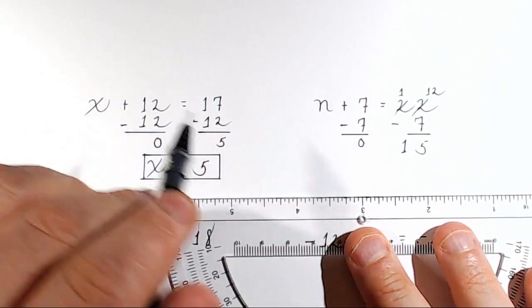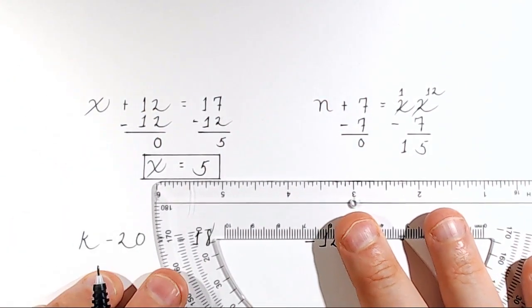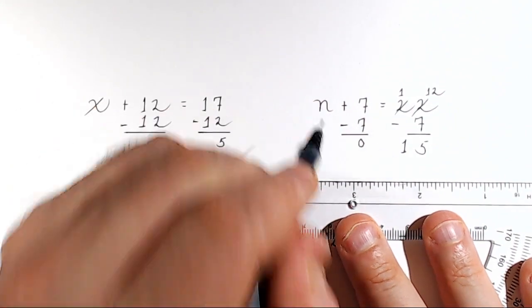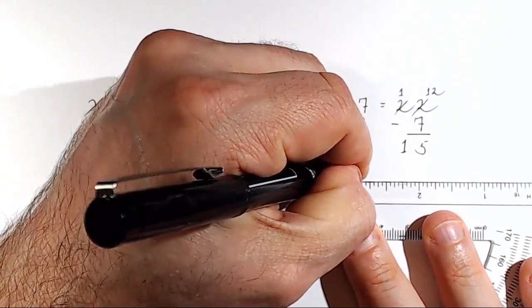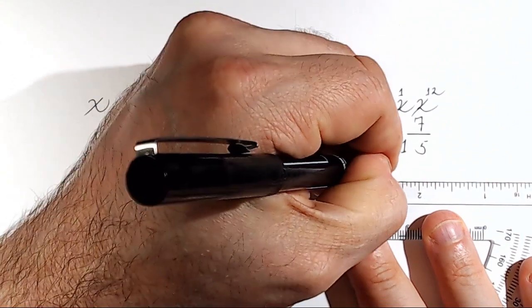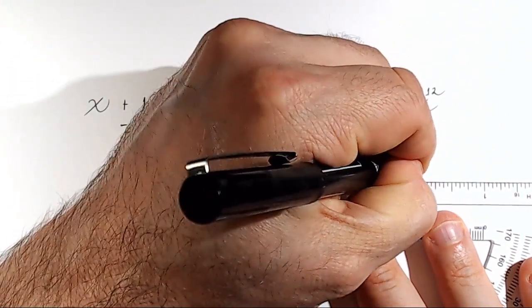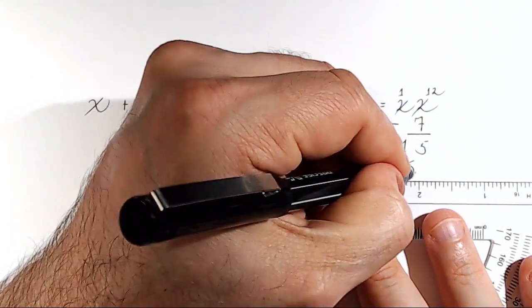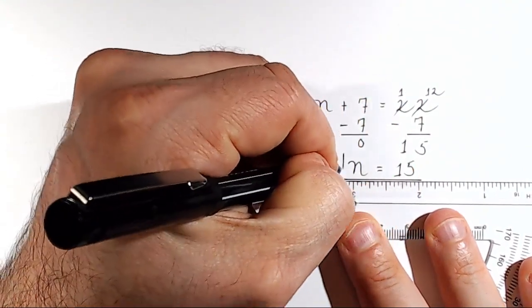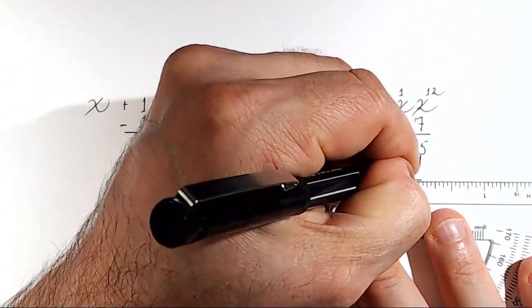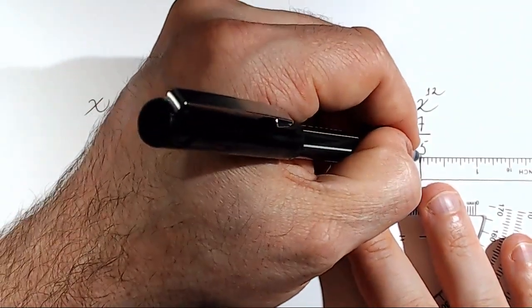Over here we said we rewrite. So we're going to rewrite. All we have on the left is n equals 15. Okay, put it in a box. Put it in a box. Make it neat.